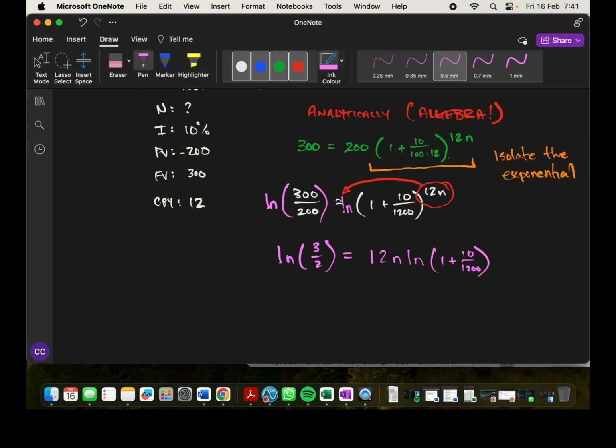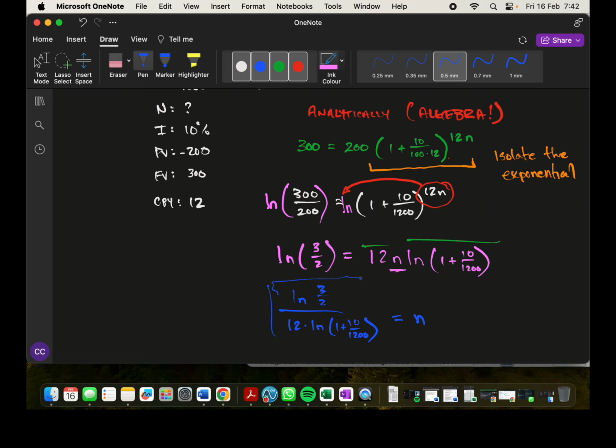And now from here, I want to know what n is. n is currently being multiplied both by 12 and by that natural log. So to get it on the other side, I just need to divide by 12 times the natural log of 1 plus 10 over 1200. And that will give me what n is.